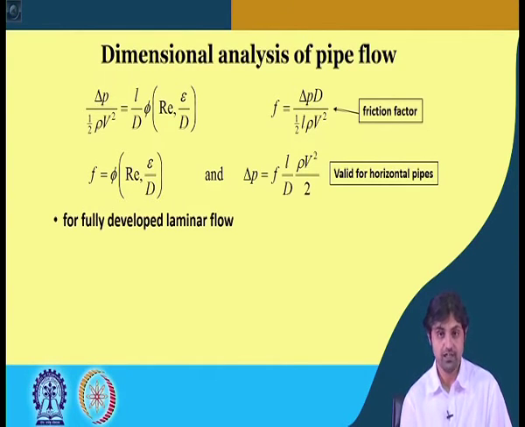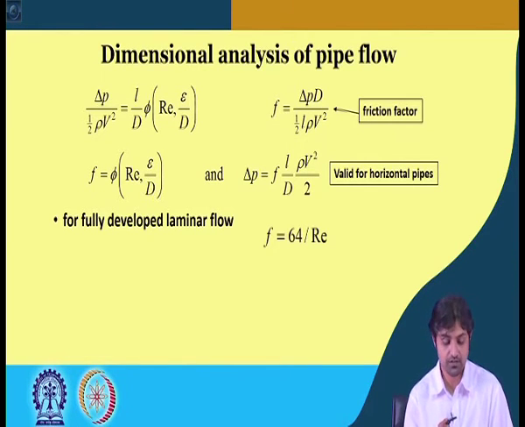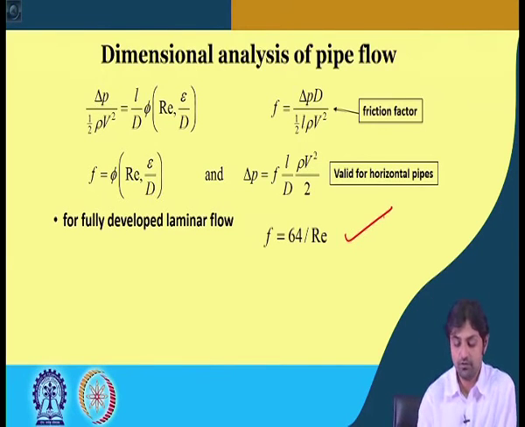Now for a fully developed laminar flow, we already found out what F was: it was 64 by Re. From our previous lectures in pipe flow, we derived that F is equal to 64 by Re for fully developed laminar flow.